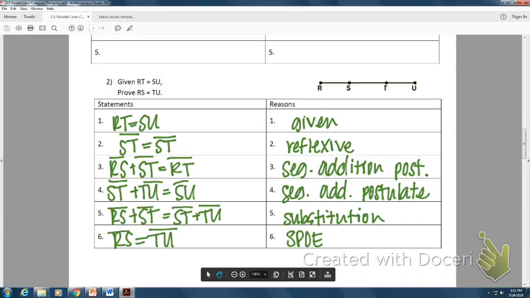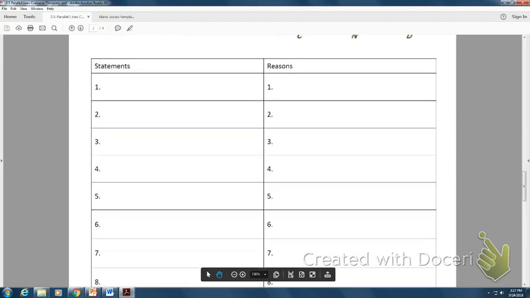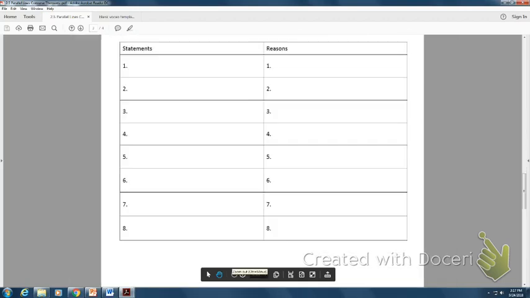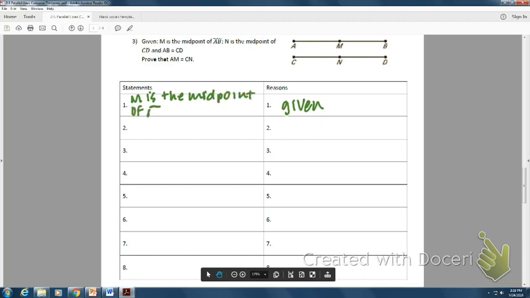Okay. Next one. Ooh, this one's a long one. What's going in statement 1, reason 1, sorry, given? M is the midpoint of AB, and I'm not going to be able to write the rest, but you guys can.